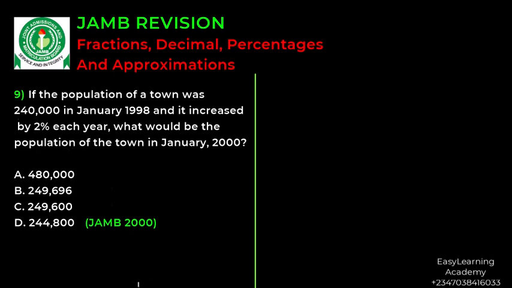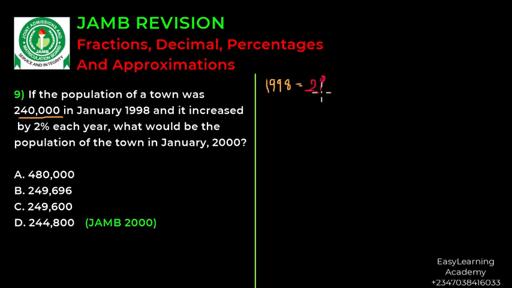Okay, so I want to believe that you have paused the video and you have tried something. So let's get this first. For the first year, first thing first is that it increases by 2%.